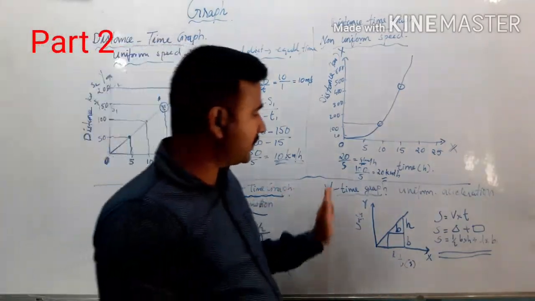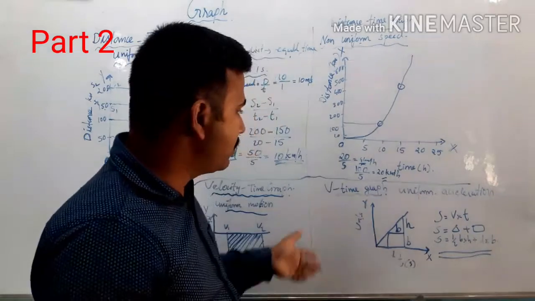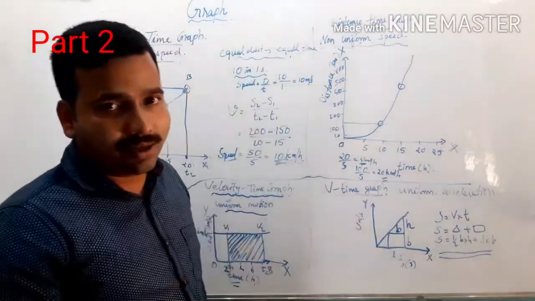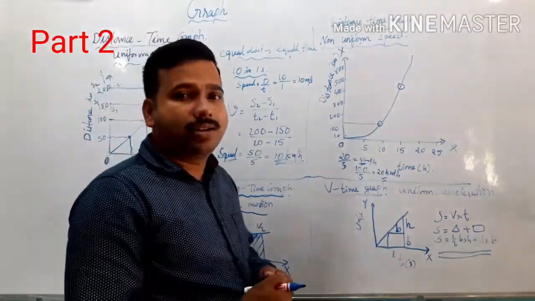Okay. And the next graph that we are going to discuss is the velocity time graph for uniform acceleration. So what do you mean by uniform acceleration?